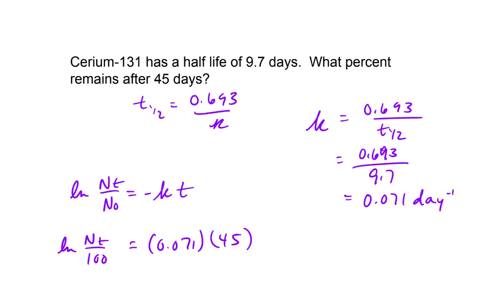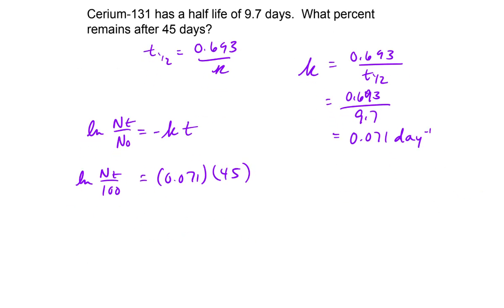So we're going to figure out a percent. We're going to start with 100%, and then solve for n at time t. Multiplying the right-hand side and taking the anti-log, we're going to get e to the ln of n over 100 equals e to the minus 3.21.